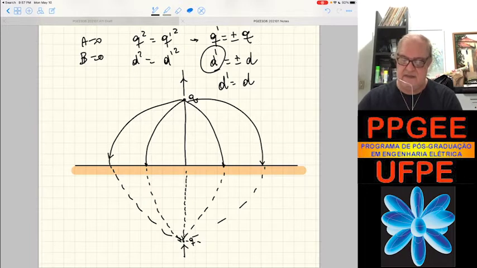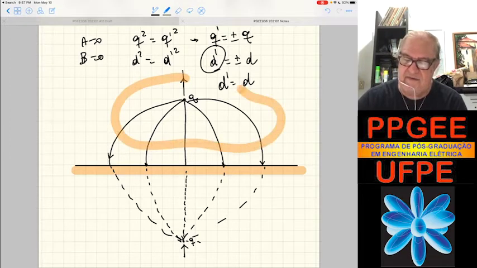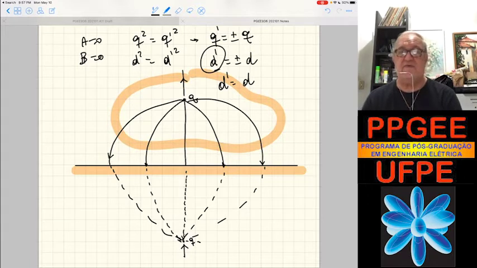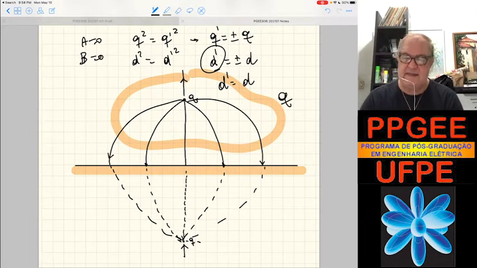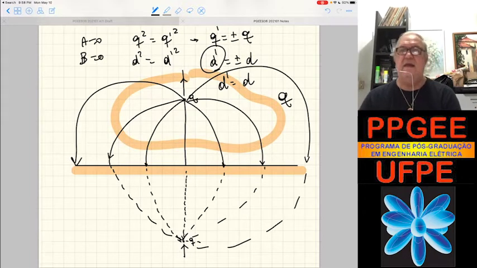If I take a Gaussian surface around this charge, whatever form we have, the total flux is going to be q coulombs. All the lines that leave the surface here end up on the image charge, or end up on the induced charge.